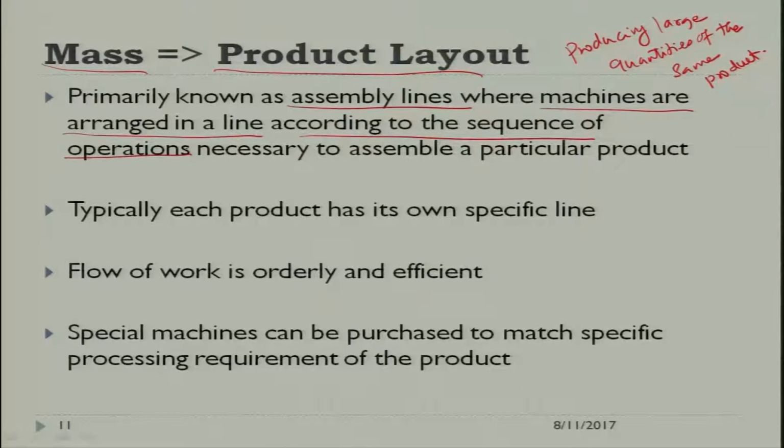The machines are arranged in the sequence in which you are supposed to do the operations, so that if the product goes through each one of the machines, at the end of the day you can assemble the final product. It's called an assembly line because at the end of the day you are assembling a final product. The most common of this is automobile manufacturing.